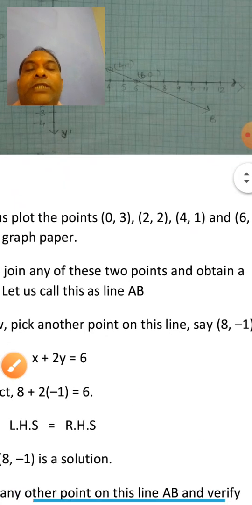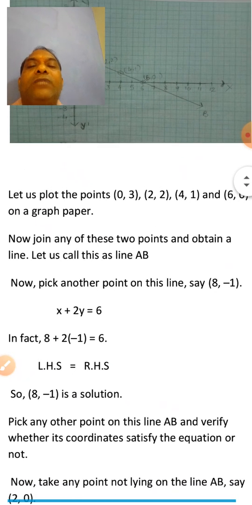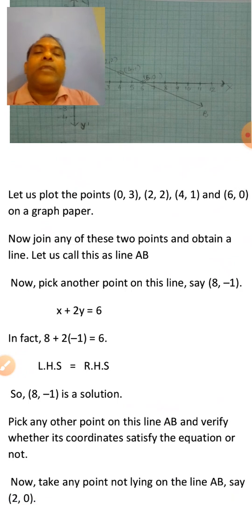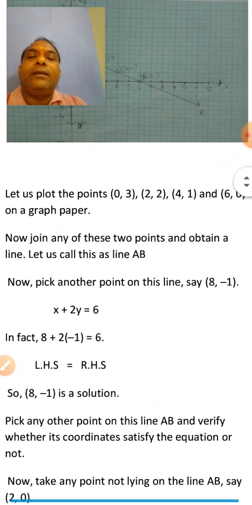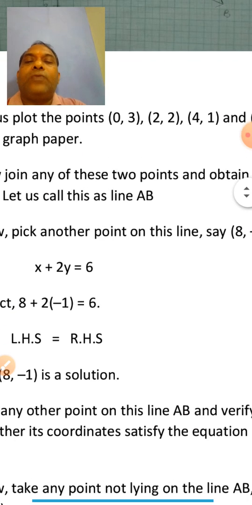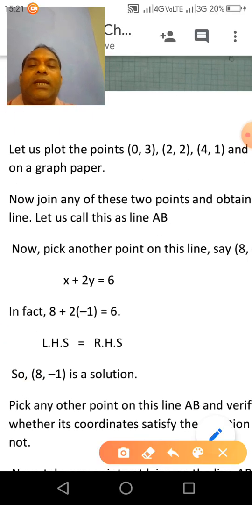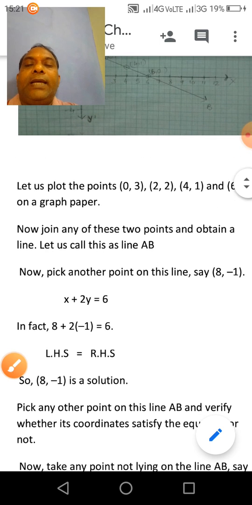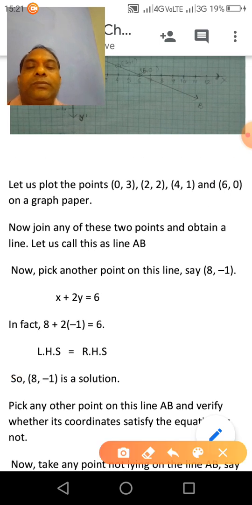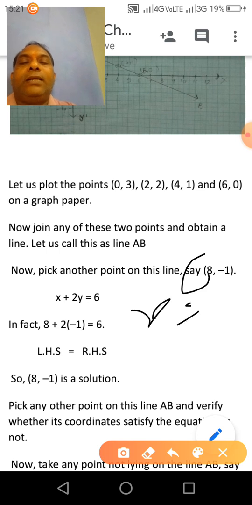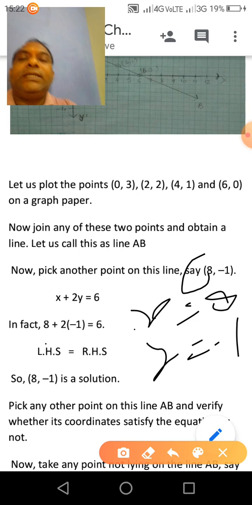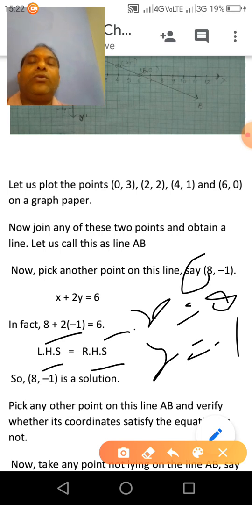So you have to check whether 8, minus 1 is a solution of the given equation or not. So put x is equal to 8 and y is equal to minus 1. Then x plus 2y will be equal to 6. It means LHS is equal to RHS. So 8, minus 1 is a solution, clear.